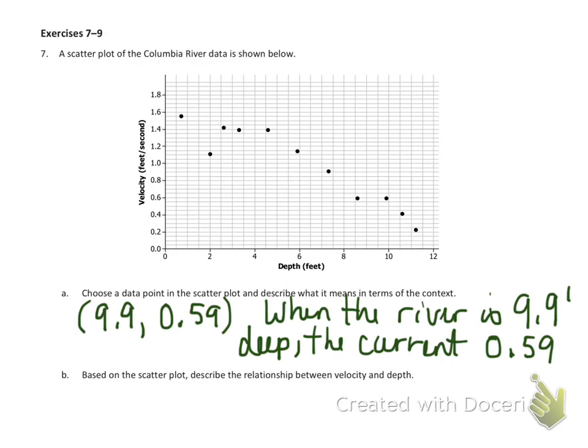I ran out of room. Feet per second. So that's what that data point means, and you could have picked any of them.